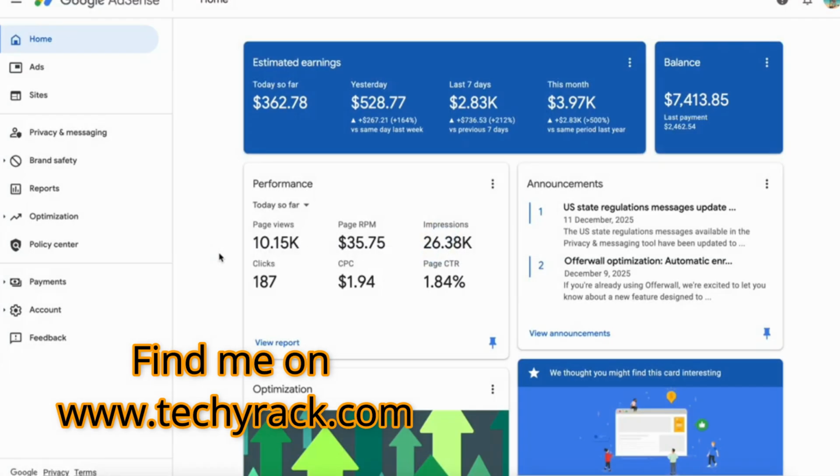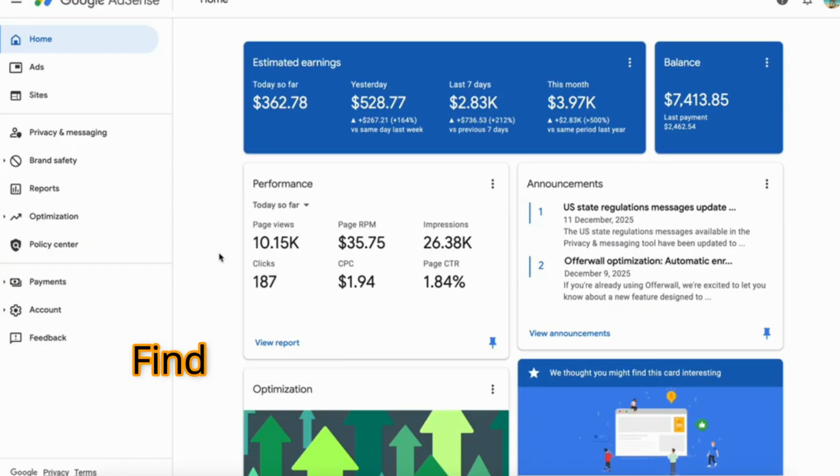So guys, when I look at this data, I'm not asking why one day is higher than another, since these fluctuations exist. All I'm making sure is whether this traffic that I'm bringing is behaving naturally. Are these users staying long enough to consume my content?